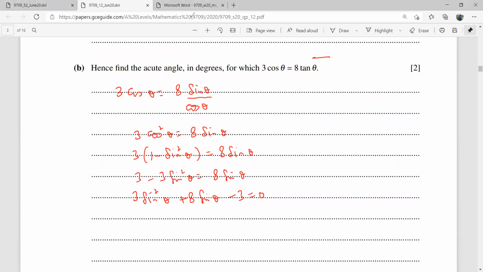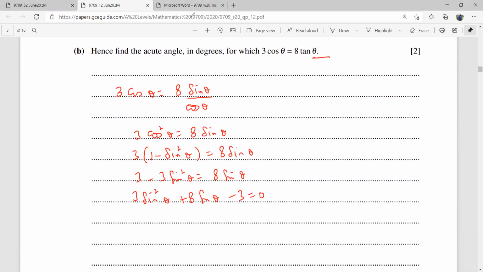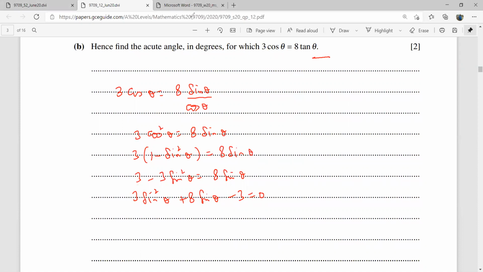Then it says, hence find the acute angle in degrees. So you have to solve this equation. You can change this sine theta into y, or if you want, you can straight away factorize this. So let's put sine theta equal to y.